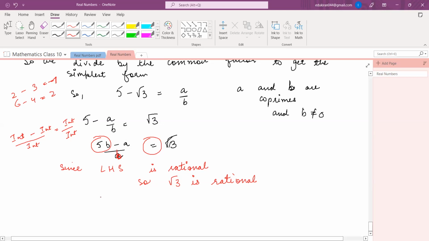But this contradicts the fact that root 3 is irrational, because in the previous example we have already proved it. So this contradiction is because of our wrong assumption.